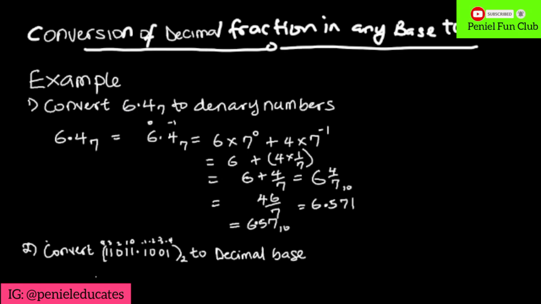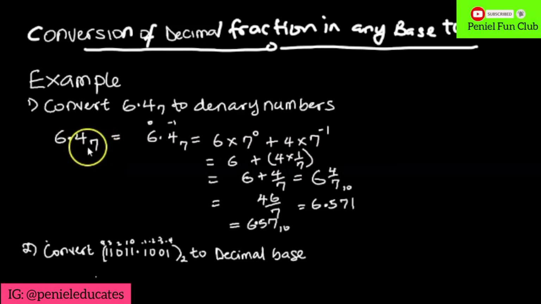All right, so let us look at how we can convert a decimal fraction in any base to base 10. For example, we are given 6.4 base 7. Don't forget, irrespective of how the digits are placed, even if it has the numbers as a decimal number, any digits that are here must be less than the base that you are given.